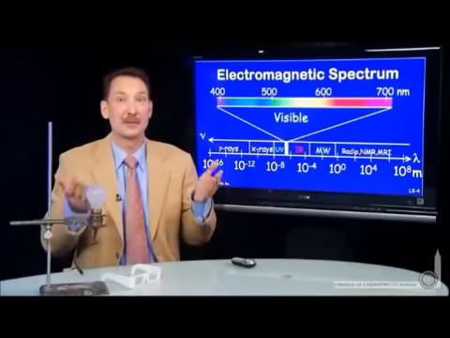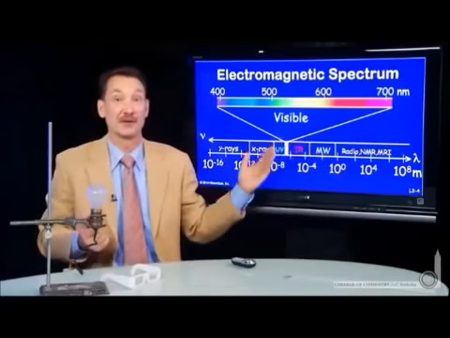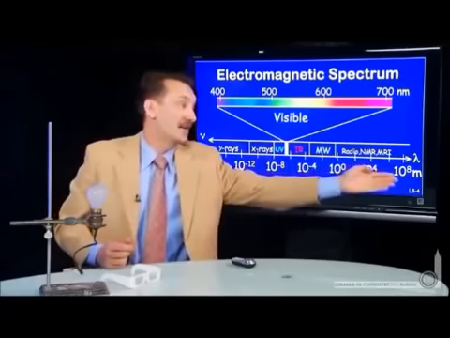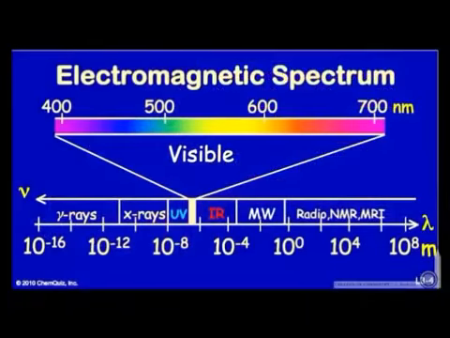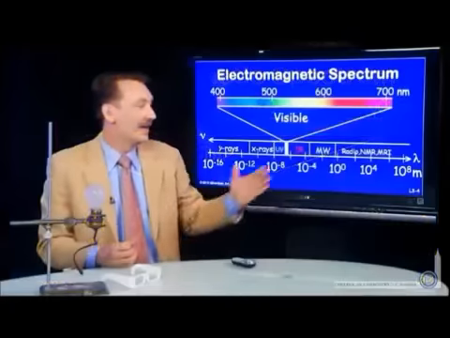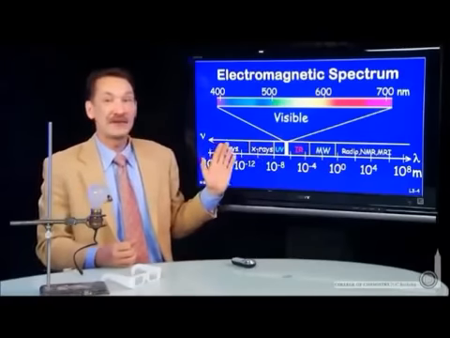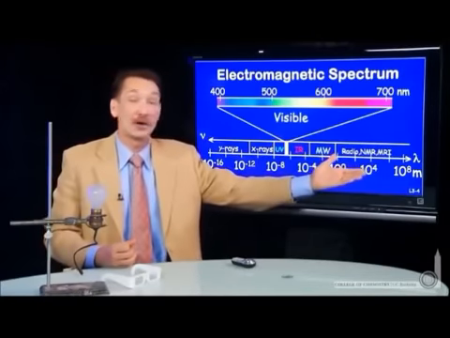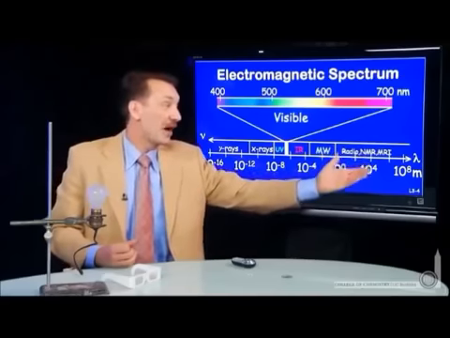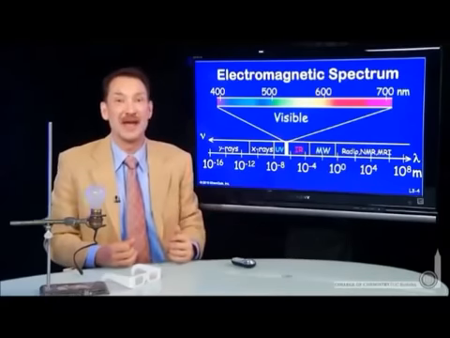Electromagnetic radiation encompasses a broad range of wavelengths and frequencies, from astronomical proportions, 10⁸ meters, like Earth to Sun distances, down to tiny microscopic wavelengths, 10⁻¹⁶ meters. The ranges have different names, basically historical names, describing the kinds of radiation in each band.